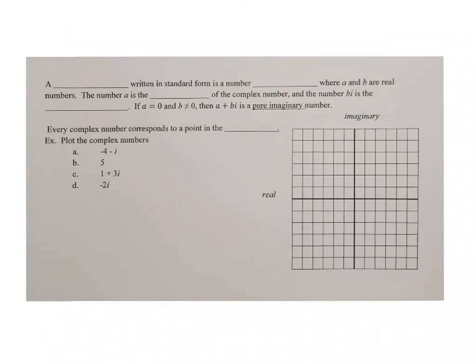All right, a complex number, so we're going to use this word. So this is a complex number. Remember, a complex number, that means that any number can be complex, whether it's real or imaginary. Written in standard form, a plus bi. So this is like the generic version of any number can be written as a plus bi. That means any number is a complex number.